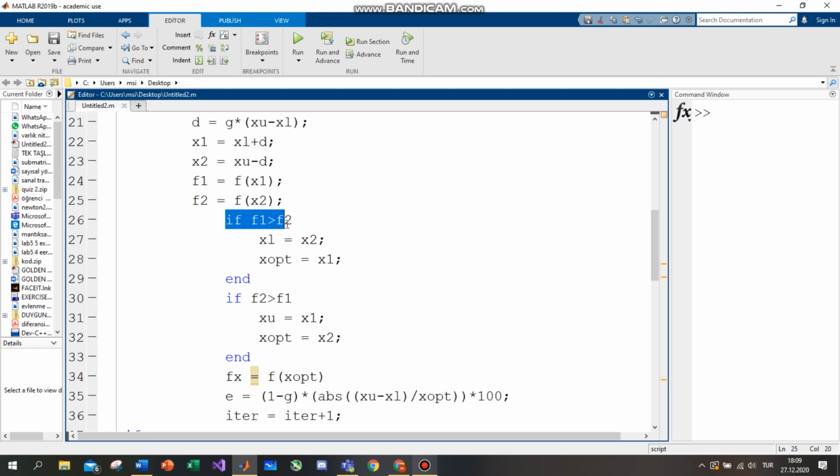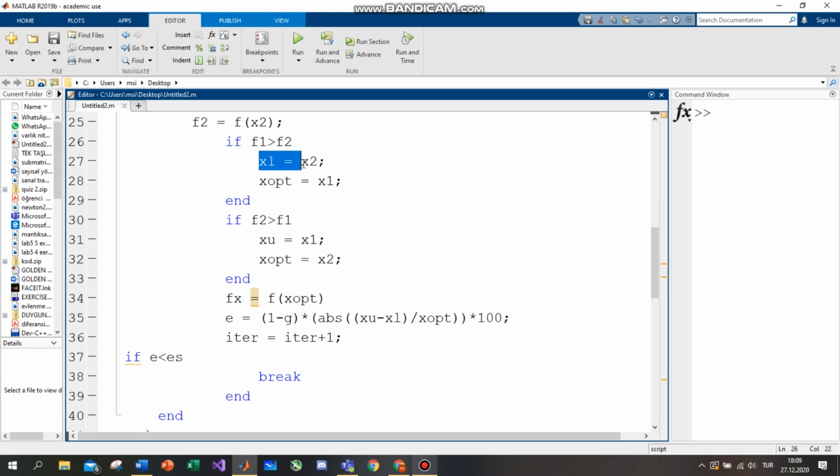If f1 is bigger than f2, it compares f(x1) and f(x2) values, and x1 is equal to x2, setting the lower limit, and x opt equals f1, setting the optimizing x for error calculation.